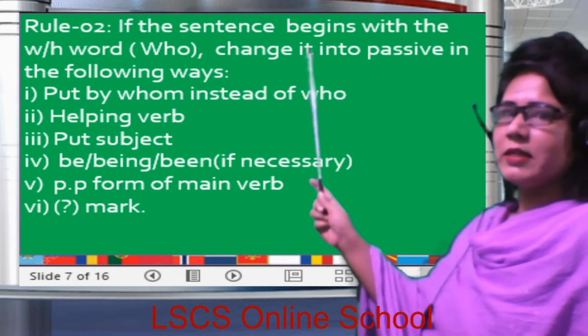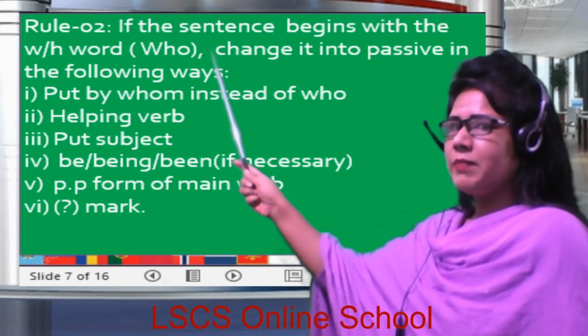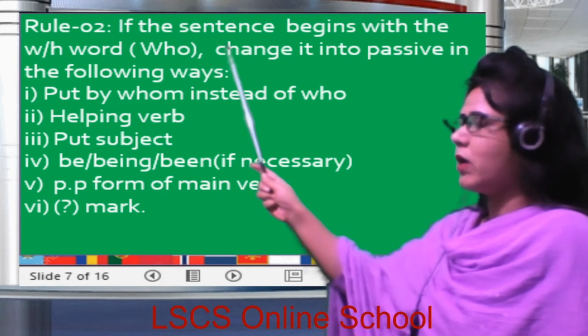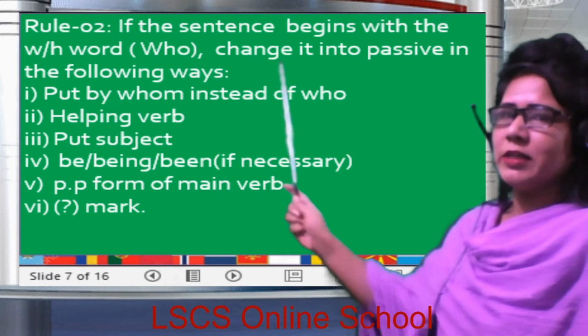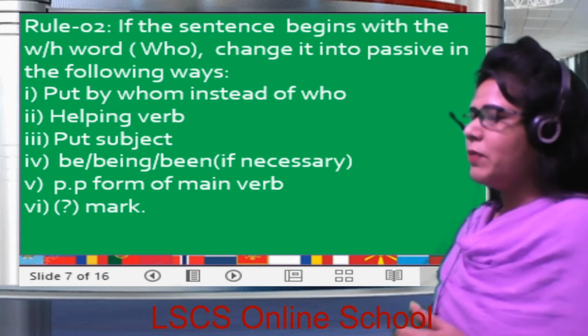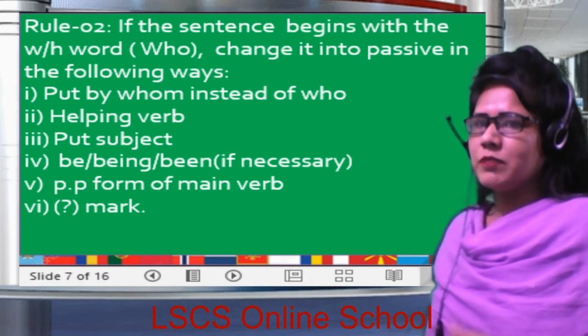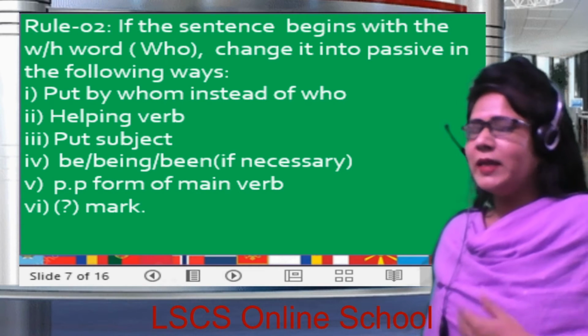Next slide for you, dear students: rule 2. Just see on the screen here. rule 2 এ কি বলা হচ্ছে দেখো. Rule 2: if the sentence begins with the word who, this is a WH question, so at that moment how can we change, dear learners, from active to passive? Just follow: put by whom instead of who.